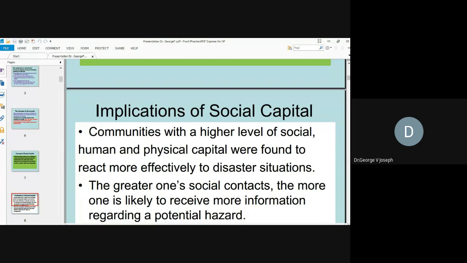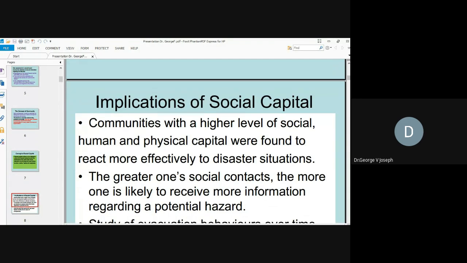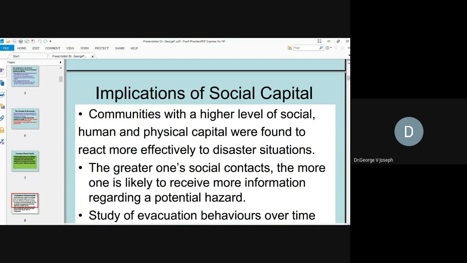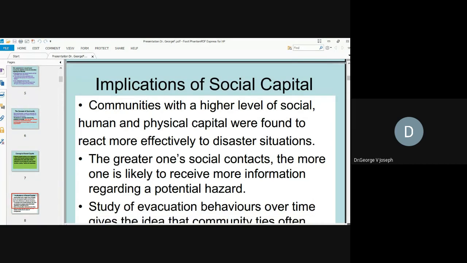The greater one's social contacts, the more one is likely to receive information regarding potential hazards. If you have networks and interactions, you may be able to get a warning on time. You may be able to understand what type of disaster response arrangements are being made. So this helps.